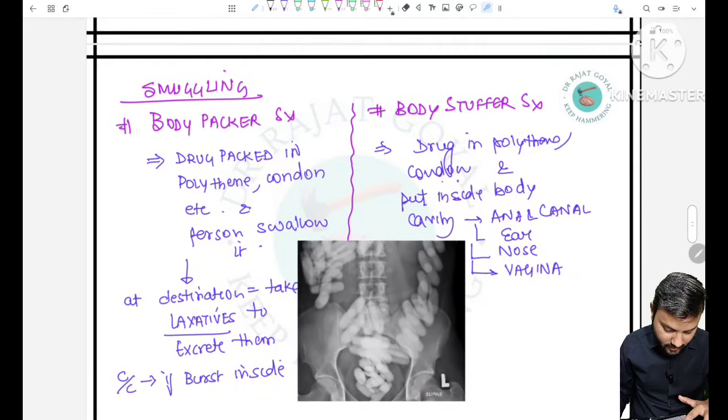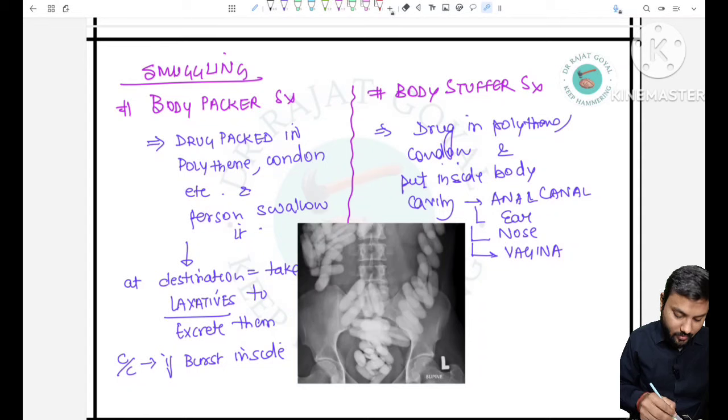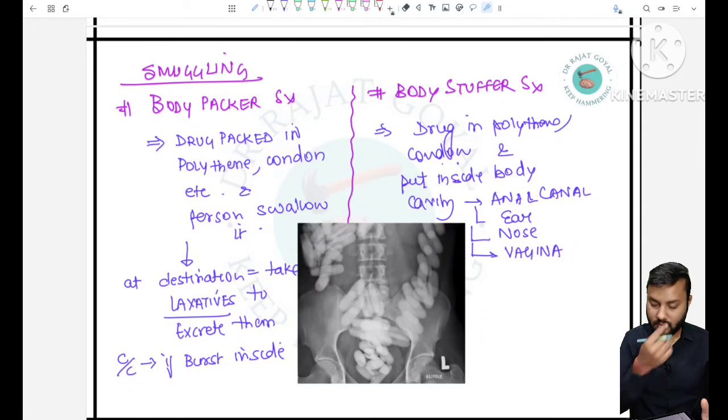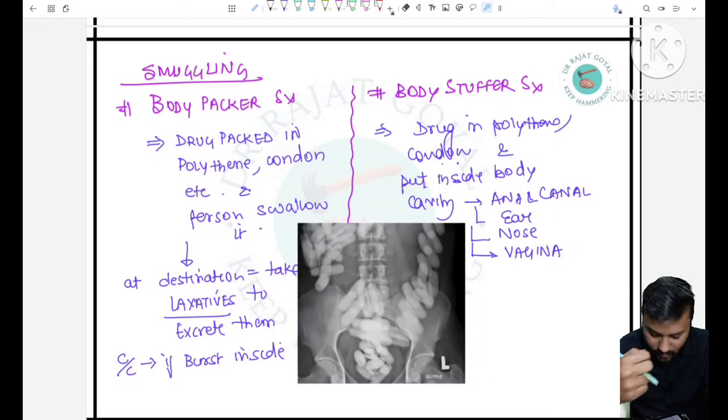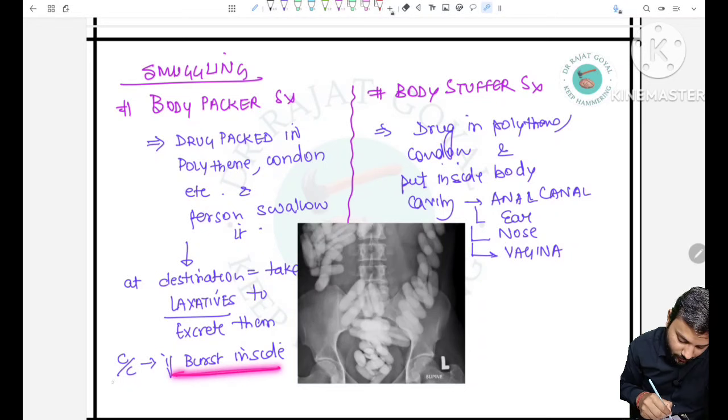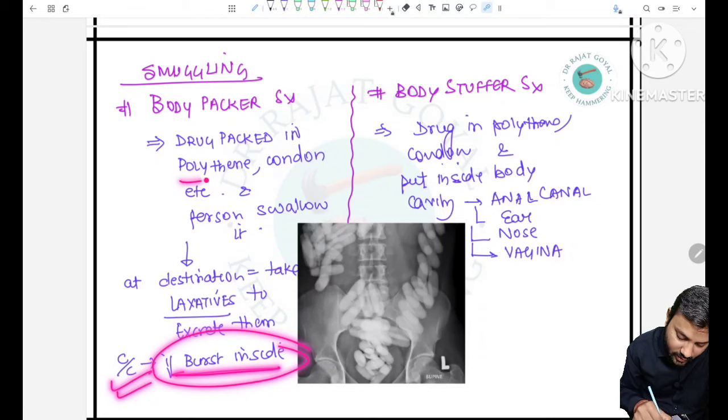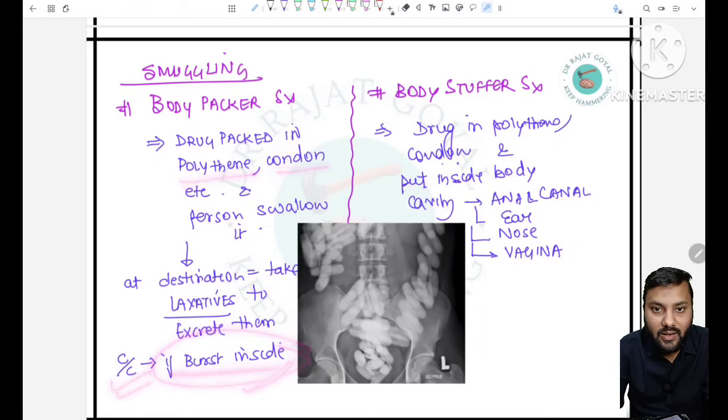Now we talk about smuggling. Here we have to know about body packer syndrome and body stuffer syndrome. In body packer syndrome, the drug is packed in a balloon, condom, or polythene. It is swallowed by the person who is smuggling it, and at the destination he uses laxatives to excrete them out. Complications can occur if the polythene or condom bursts inside, because it generally contains poisonous or harmful drugs.